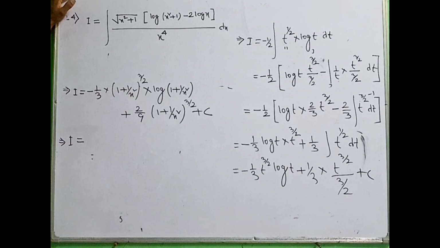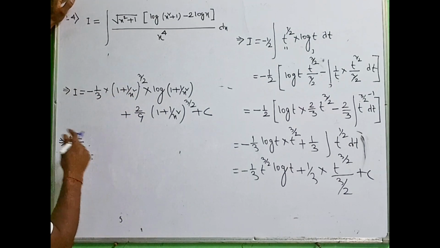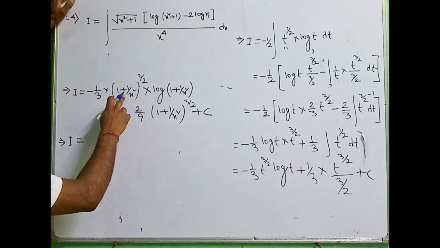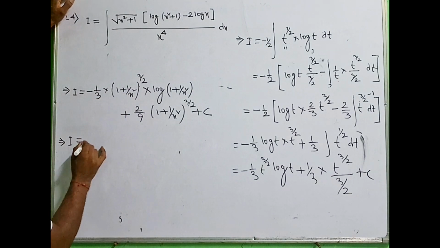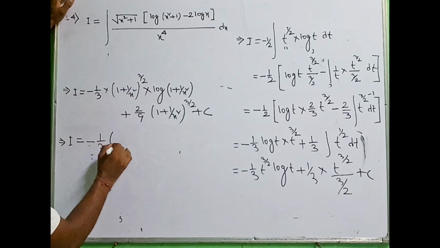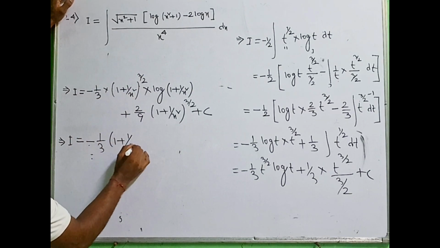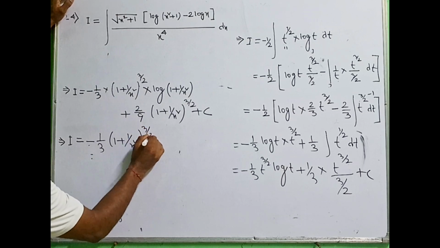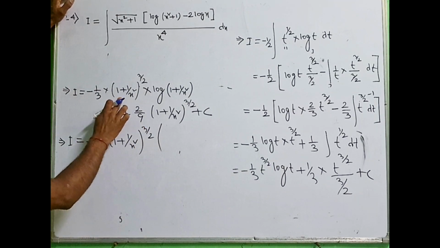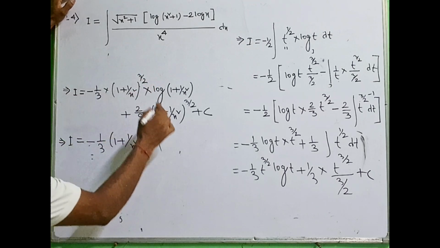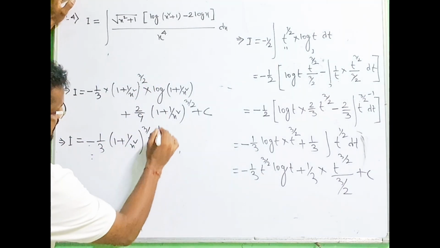Here also you can give the answer, but if you want, you can take common. What is common here? 1 plus 1 by x square whole to the power 3 by 2. I can take common minus 1/3 of 1 plus 1 by x square whole to the power 3 by 2. So within bracket, what is left here?